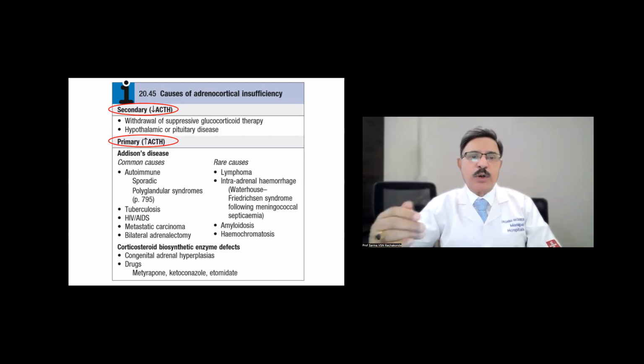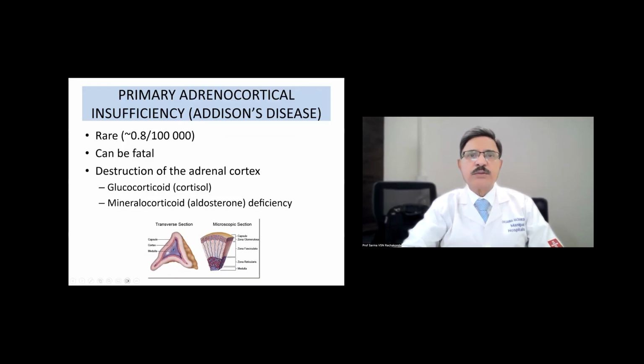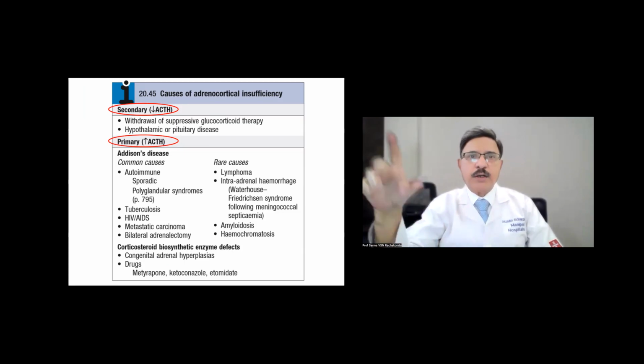Amyloidosis, hemochromatosis, corticosteroid biosynthetic enzyme defects due to various types of congenital defects producing CAH. CAH is congenital adrenal hyperplasia. Drugs like metyrapone, ketoconazole, and etomidate can also cause it. This table is important. Just have a look for 5 minutes. Causes of adrenocortical insufficiency.